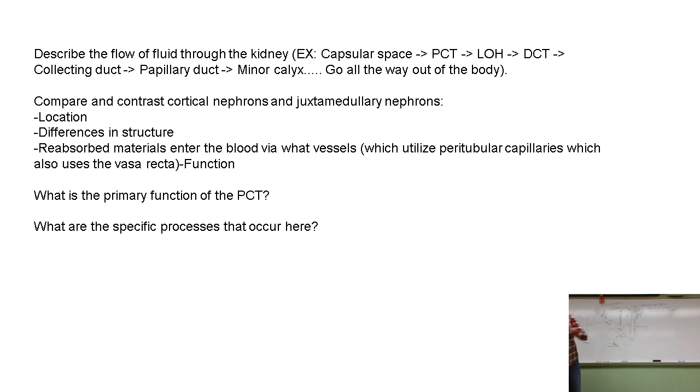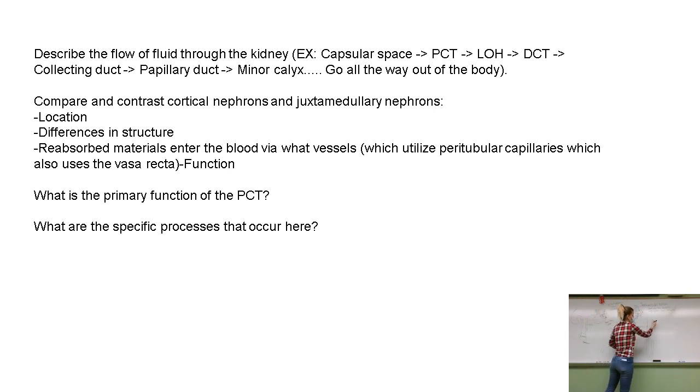So if you have a nephron that has an extra long loop of Henle, or nephron loop, so it's going down this far now, what effect is that going to have? You're going to reabsorb more water. If I'm reabsorbing water all along the length of this cortical nephron, I'm going to reabsorb, we'll say, this much water.